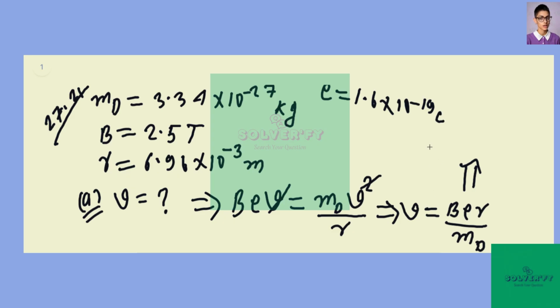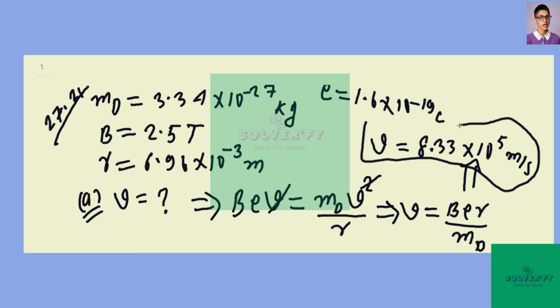So if you just plug in all the values here, you're going to be getting 8.33 times 10 to the 5 meter per second. This is v. This is what the value is.